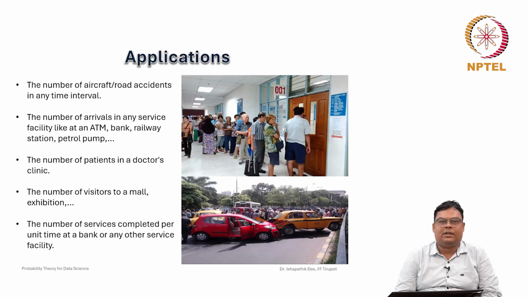Now, we will discuss some applications of the Poisson distribution. In real life, there are many applications. For example, the number of aircraft or road accidents in any time interval. Insurance companies need this information, the probability of the number of accidents, because they provide insurance to people and need to estimate how many accidents may happen.